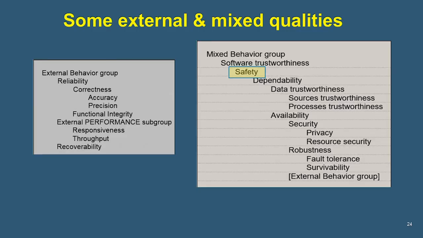Okay, now we got external guys. So this is an external guy and this is a mixed guy. The external guy is correctness, blah, blah, blah. You all understand that. Over there, you see a little square brackets that says that this isn't mixed, but it is supporting safety. So if you're into safety critical, guess what?